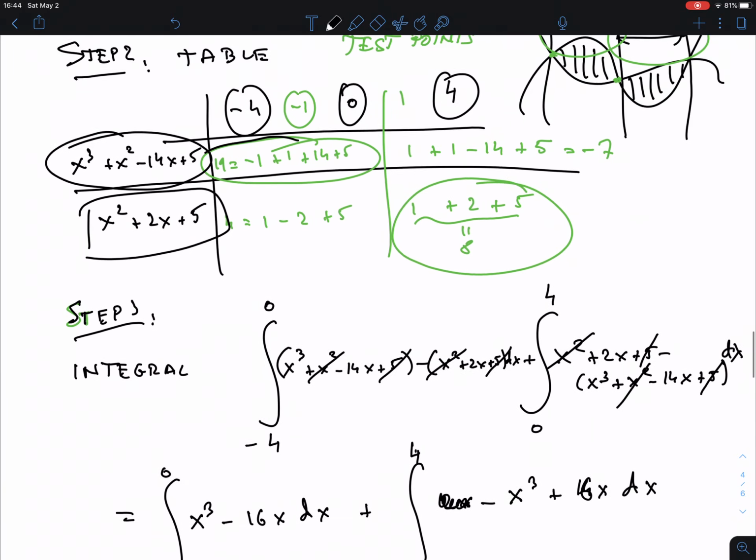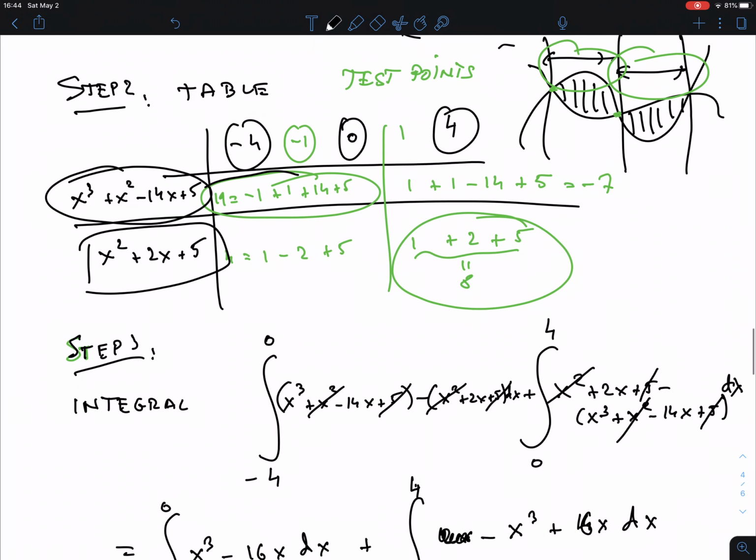And so what happens when you have multiple points, if you have three intersection points, or suppose you have 4 intersection points, so you would have something like this, a couple of times: 1, 2, 3, 4. Actually, you'd have 5 intersection points.